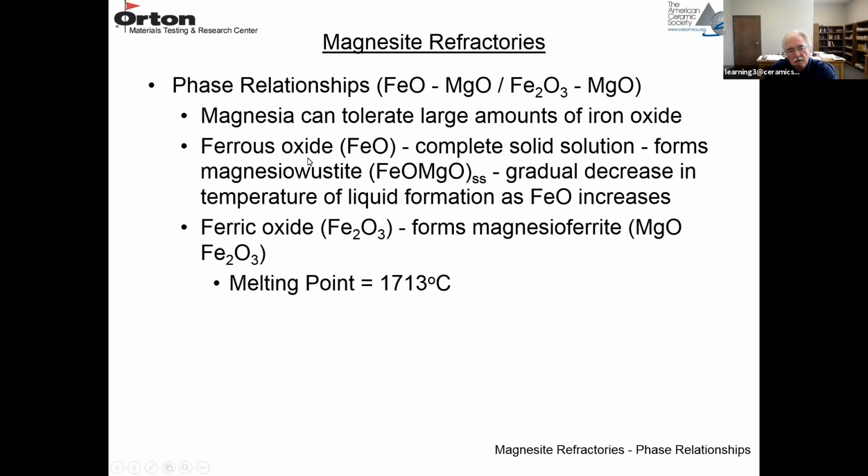Ferrous oxide, FeO, forms a complete solid solution with MgO, and that's known as magnesiowüstite, FeO-MgO. SS means solid solution. So there's a very gradual decrease in the temperature of liquid formation as the FeO content increases. The ferric oxide form of iron, Fe2O3, forms a magnesioferrite, MgO·Fe2O3, which melts at, as we just said a few minutes ago, 1713 degrees C.